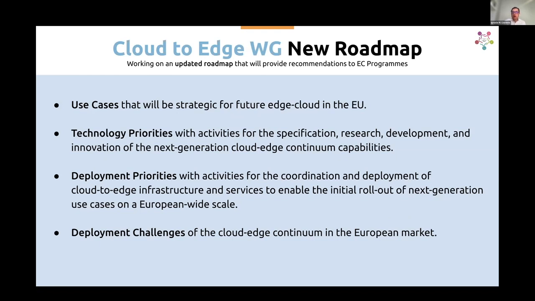We have also included deployment priorities. Those are more related to the deployment of the cloud to edge infrastructure and to enable the initial rollout of the next generation use cases. And we have also defined deployment challenges of the European cloud to edge market.